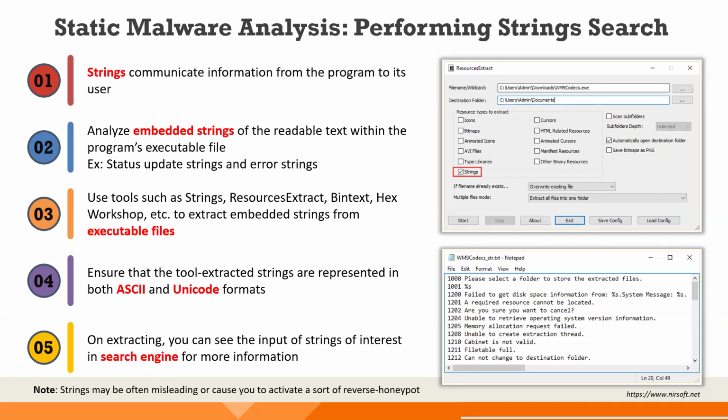Use tools such as strings, ResourceExtract, BinText, or Hex Workshop to extract the embedded strings from the executable file. Ensure that the extracted strings are represented in both ANSI and Unicode formats. On extracting, you can input strings of interest in a search engine for more information.